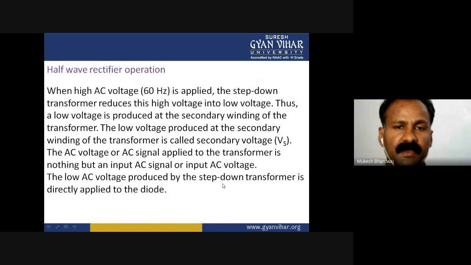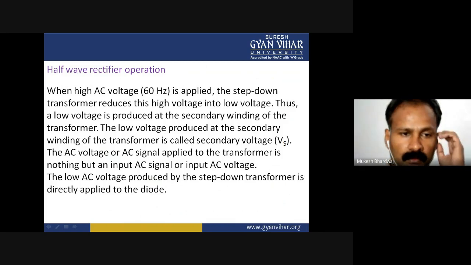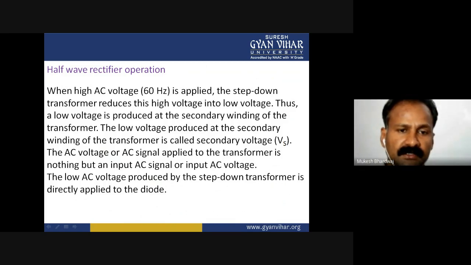Half wave rectifier operation. When a high AC voltage, 220 volts, 60 Hz, is applied, the step down transformer reduces the high voltage into low voltage. Thus, a low voltage is produced at the secondary winding of the transformer.